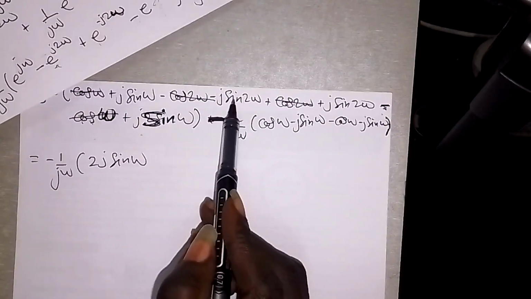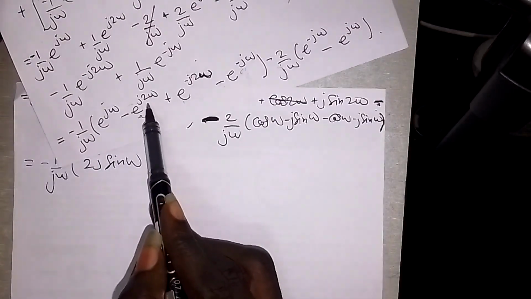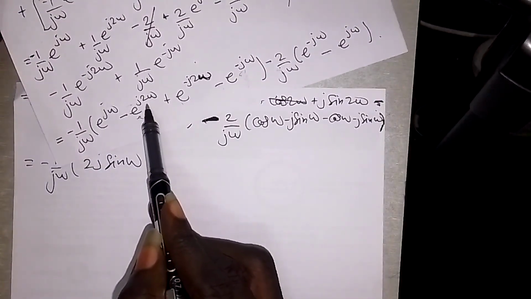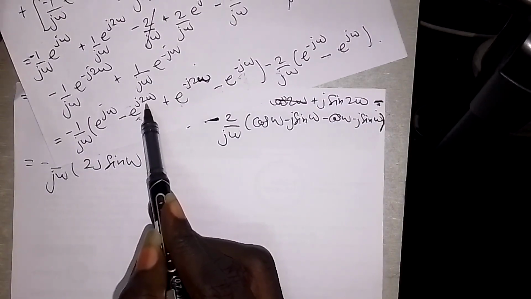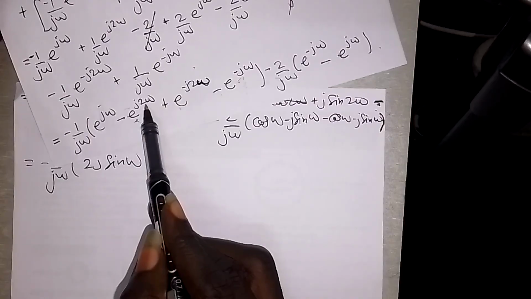And this one, I'm getting it from here. If you expand this one, you get cos 2 omega plus j sine 2 omega.